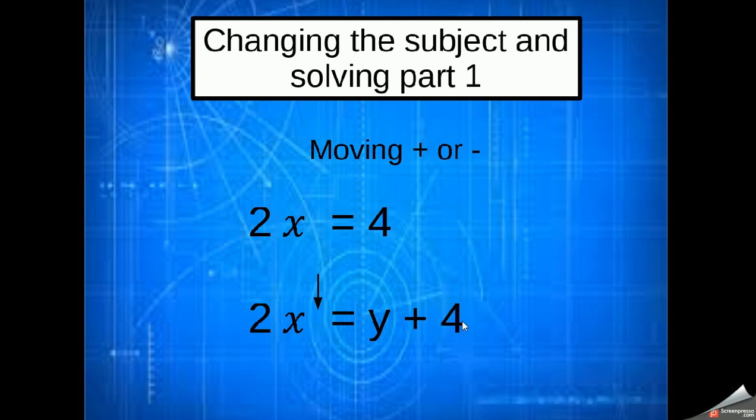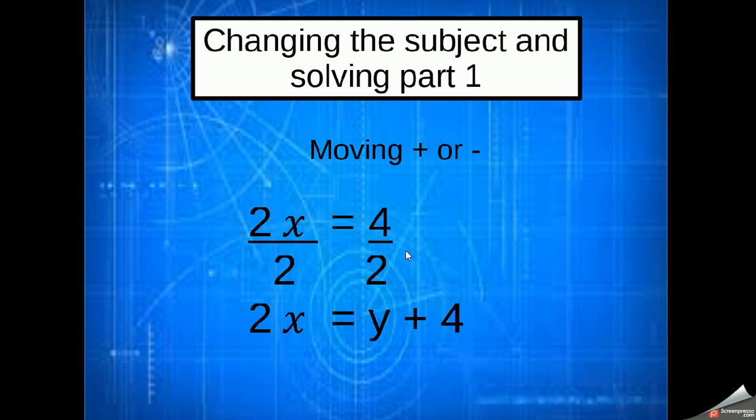So if you decided to move this 4 to the start, it would become minus 4 plus 2x. Easier to look at and easier to read is 2x minus 4. That's the same thing, it's just easier if you put the value when you move it across in by here. It's always easy on this side because you just tack it on to the end with the sign changed.